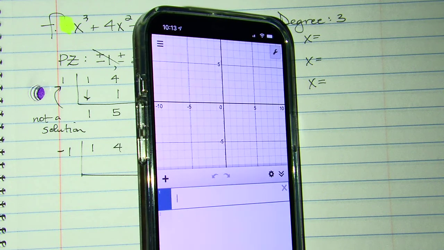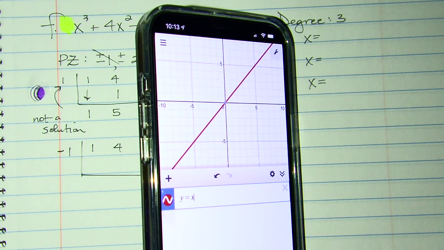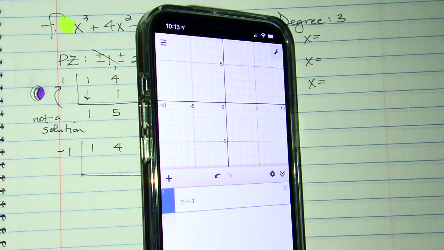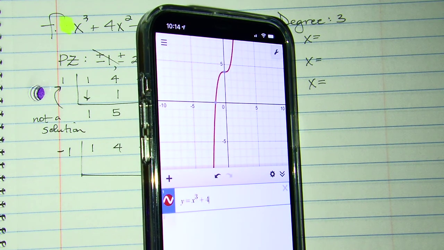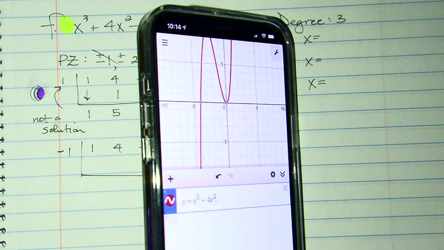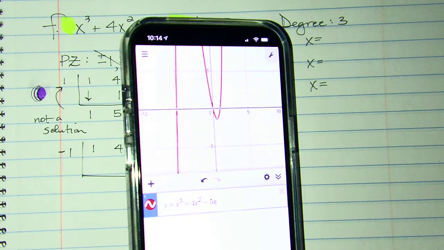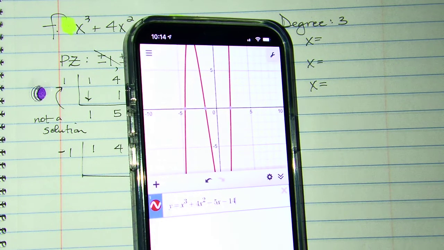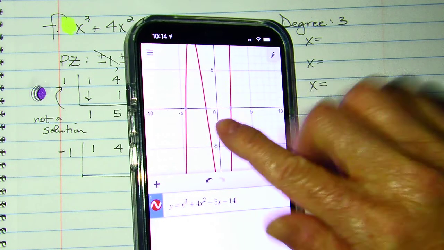I'm going to enter my equation: y equals x cubed plus 4x squared minus 5x minus 14. So I've entered my equation, and I'm going to look at my x-intercepts.